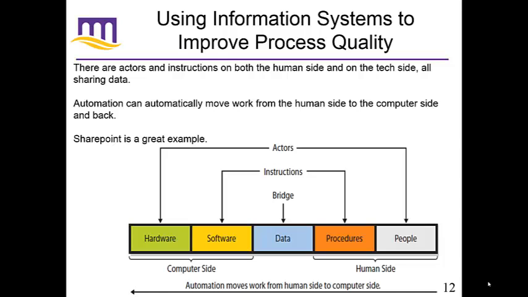But then, both for the hardware and the people, there's a set of instructions on what to do. These can be both the procedures that people do, or the software, which is basically just a program set of instructions for the hardware. And these instructions basically are telling the actors how to interact with that centerpiece, the data.